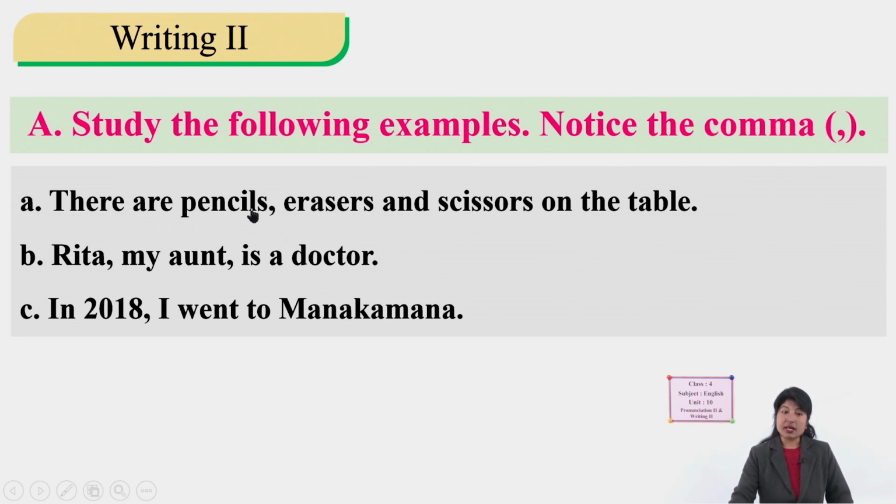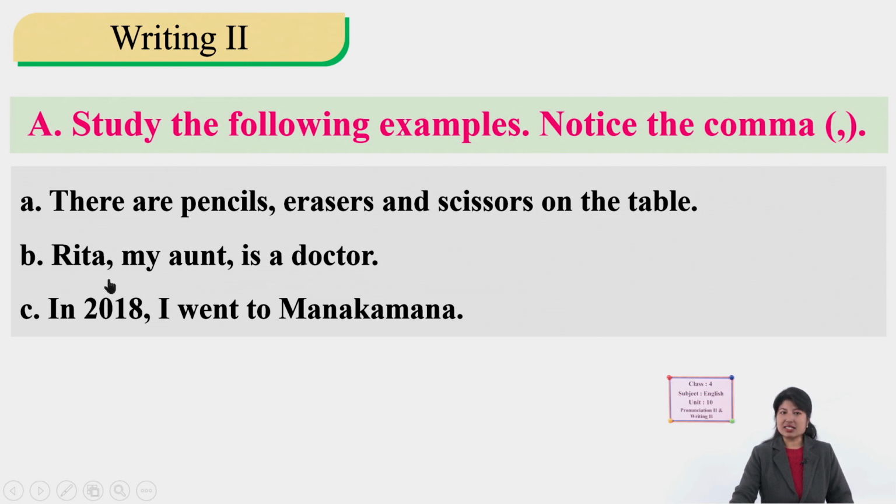Number A. There are pencils, erasers and scissors on the table. So where do you see comma? After pencils. Number B. Rita, my aunt, is a doctor.